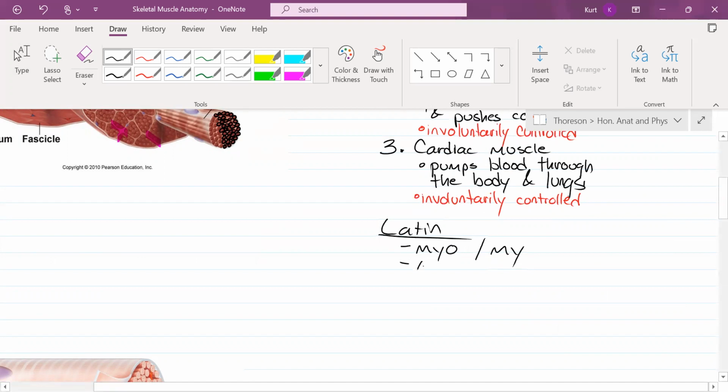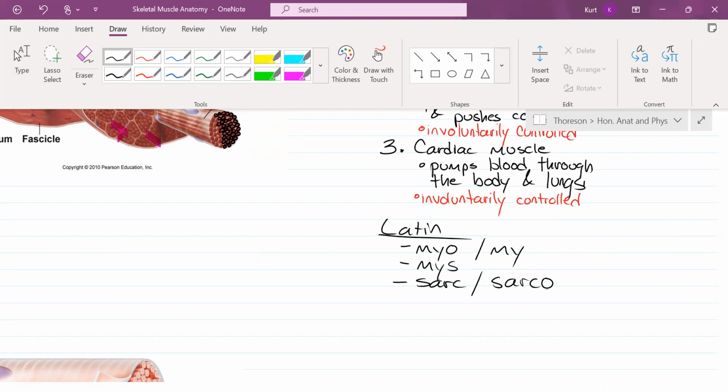If you see mice, or if you see sarc or sarco, if you see any of those, just red flag, alert, alert, alert, muscle, muscle, muscle.